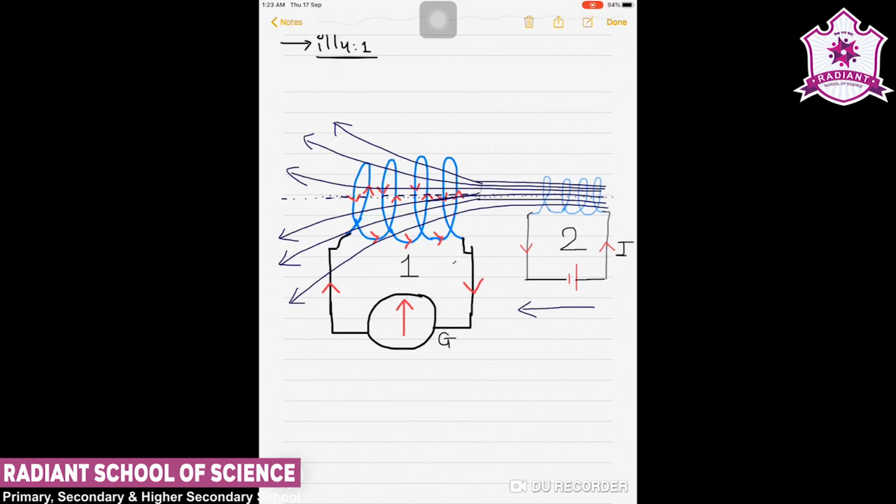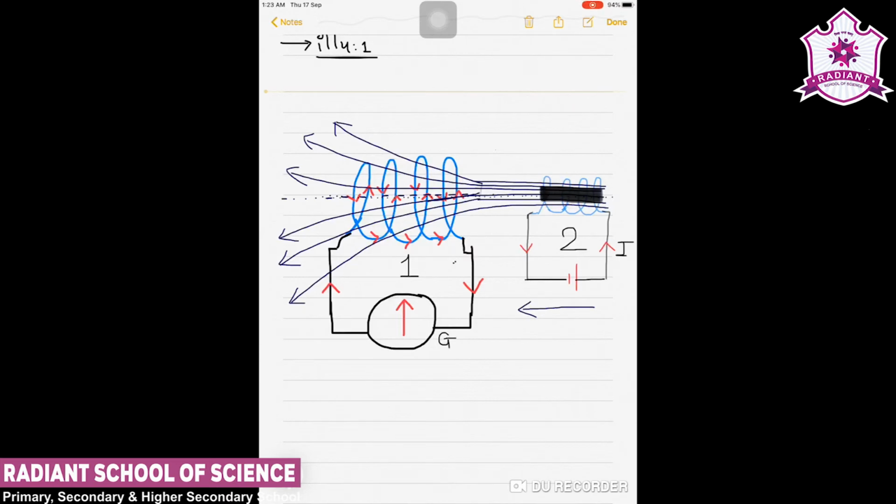So first, we will take a small rod, say of some length regarding the coil, and put it inside the coil.